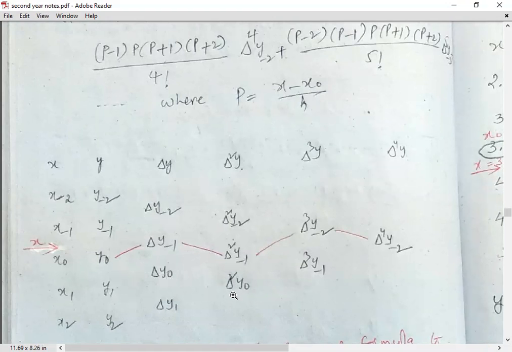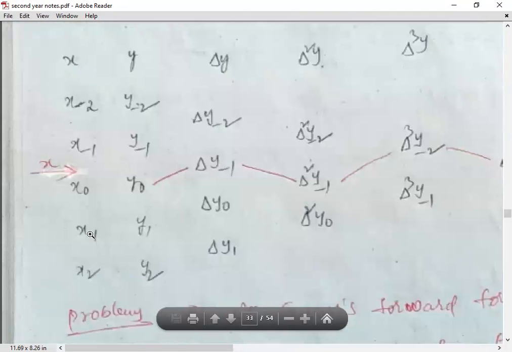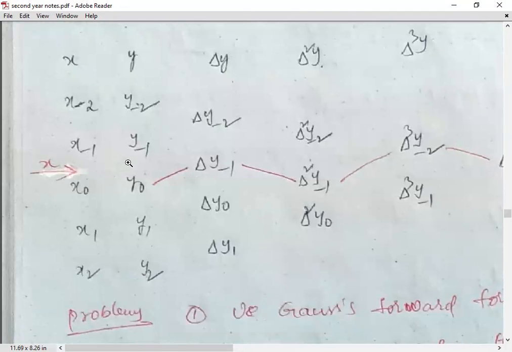Now, we need to choose x naught, y naught. This set is below x, where y is to be determined. x naught, y naught should always be below x in the table. And then we follow the strategy. From y naught, we move upward first, and then downwards, and then upwards, and then downwards. This pattern should be followed up to the last difference in the difference table.